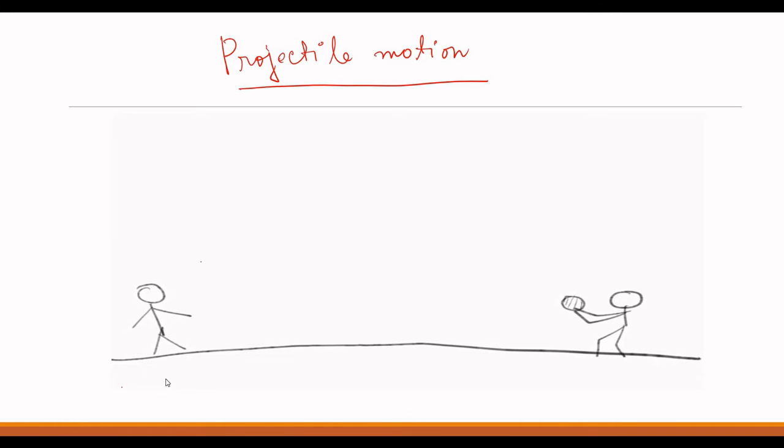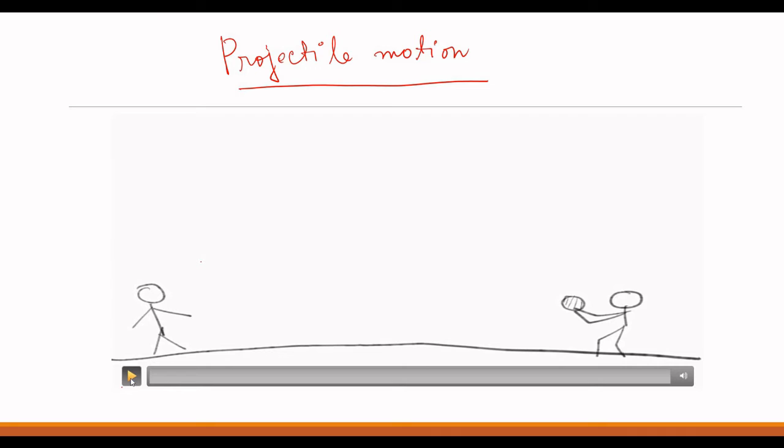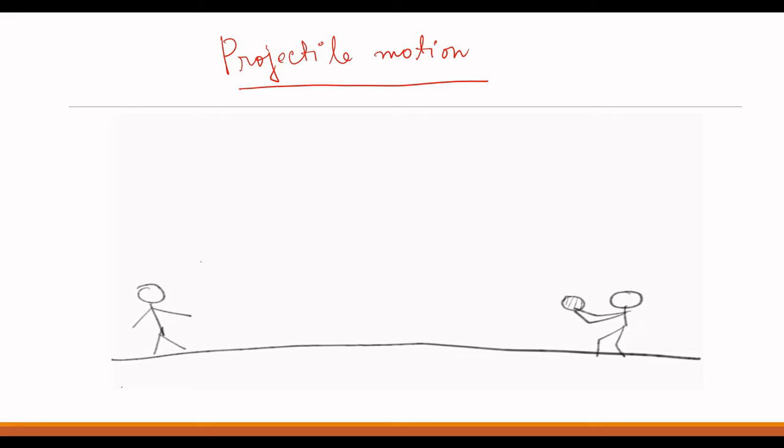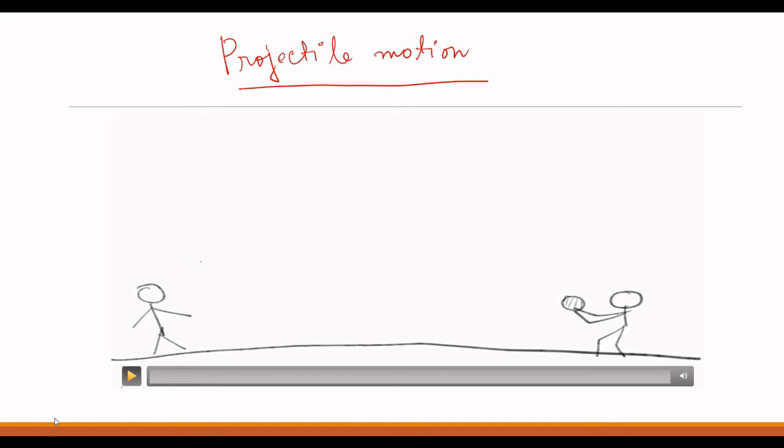So this is called projectile motion. In this motion the object is under gravity, and that's why it reaches a maximum height, and at the same time it is traversing a horizontal distance.